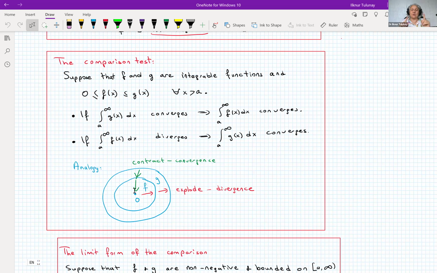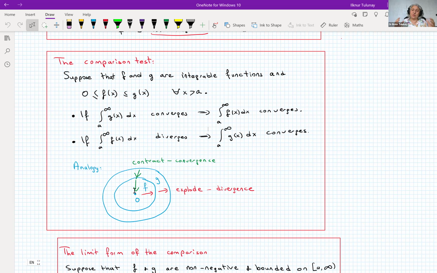But this test gives you only 50% of the results. If the outside ball blows out, you can say nothing about the inside ball. If the inside ball contracts to a point, you have nothing to say about the outside ball. So it is a 50% success for this comparison test.